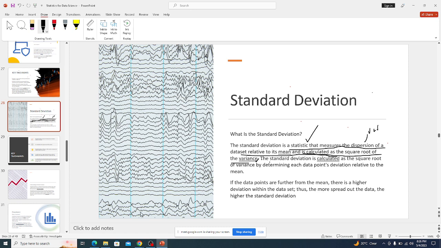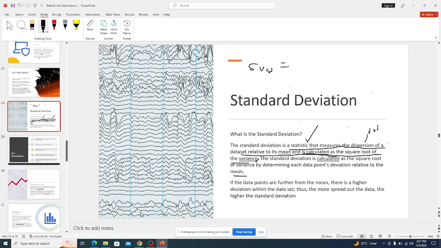Then also the standard deviation is calculated as the square root of variance by determining each data point's deviation relative to the mean. So it's like what we had discussed yesterday. Let me assume we are talking about sample variance.